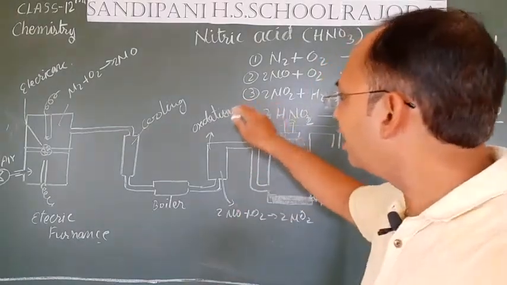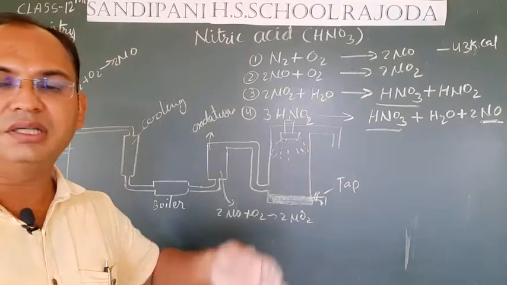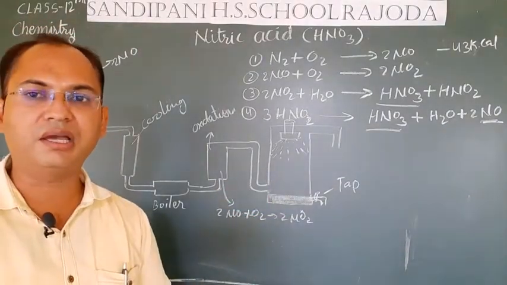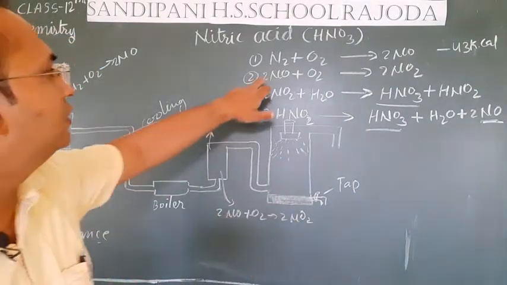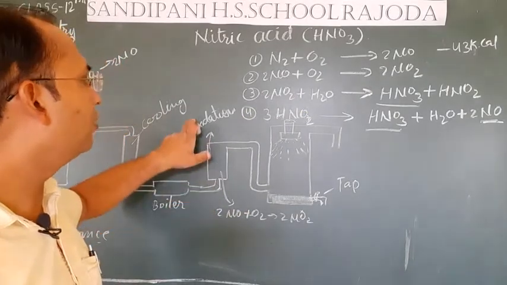Next, the oxidation process takes place in the next chamber, where the nitrogen oxide combines with oxygen to form nitrogen dioxide, that is NO2, and this second reaction, that is the oxidation reaction, takes place in the oxidation chamber.